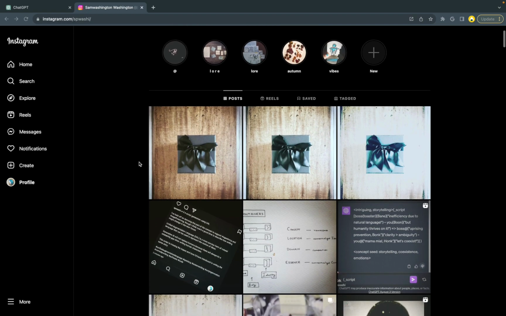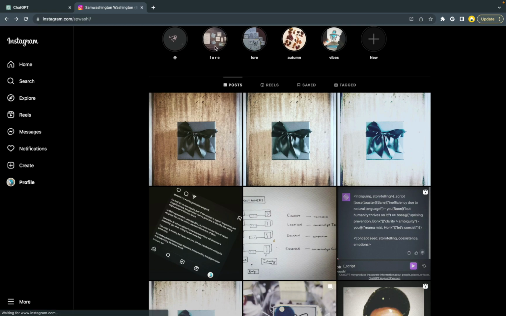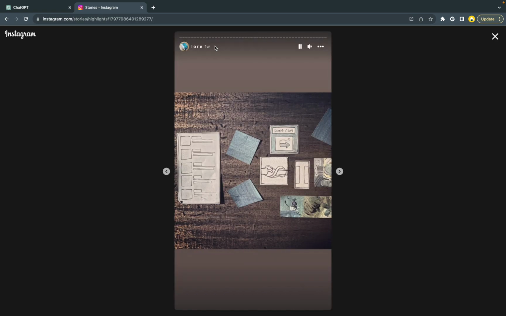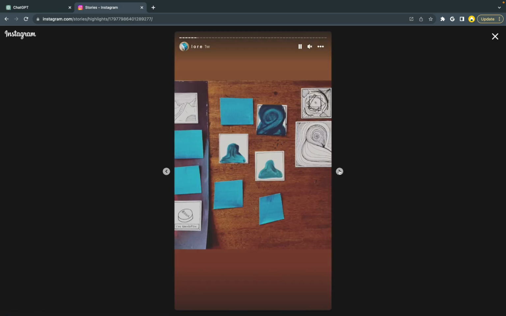A lot of artists are kind of nervous about what AI is going to do for their careers. And my answer to that is it's just going to relocate where people understand meaning. I have this story called Lore. Let's see if I can open that. And in it, I tell more of a story of cohesion and how these elements relate to each other.